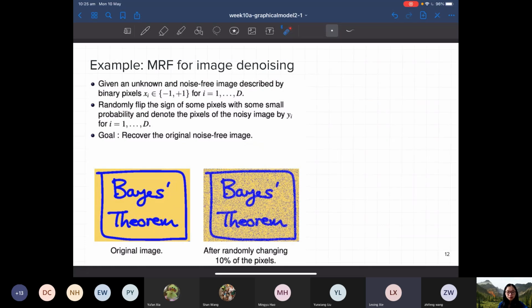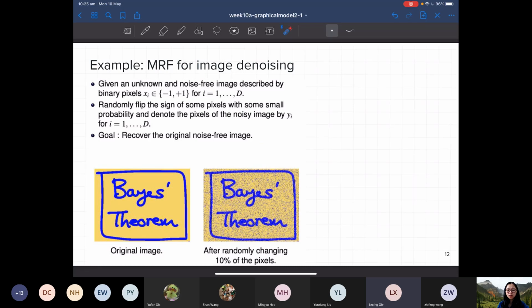Here in this toy example of image segmentation under noise, or denoising a noisy image, we assume the noise-free image, which the authors, Bishop and his colleagues, drew, is a binary image. The pixels are +1 and -1. Let's say the blues are +1, the foreground, and the yellows in the background are -1.